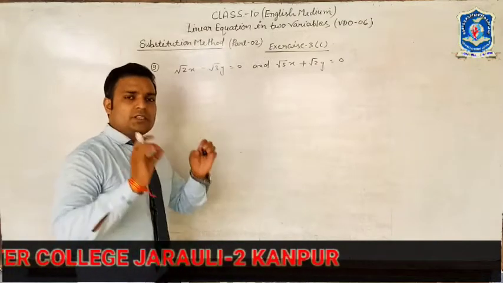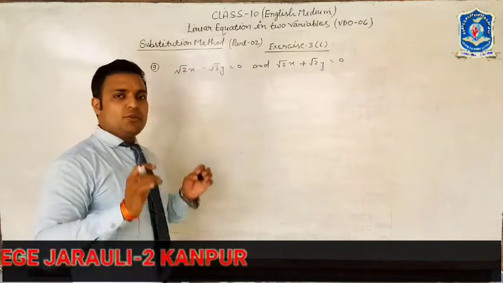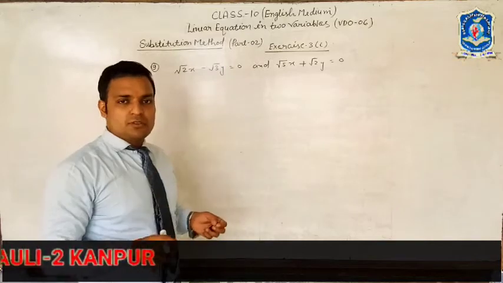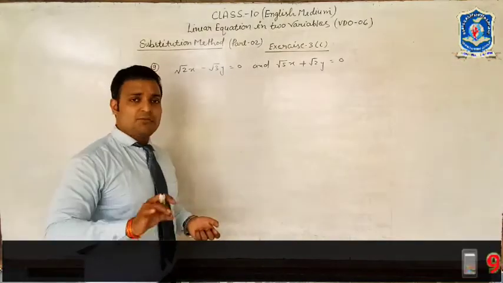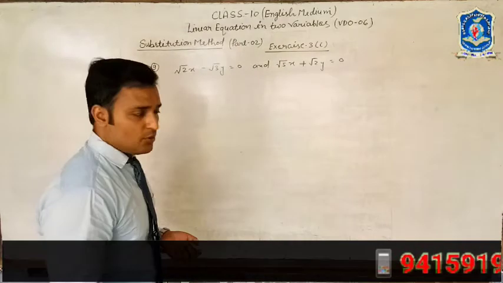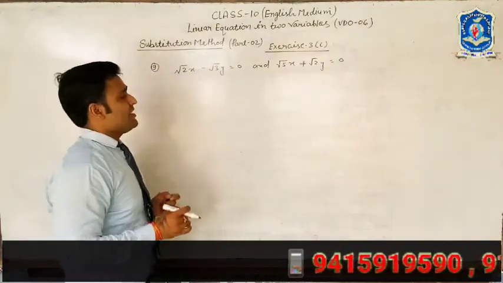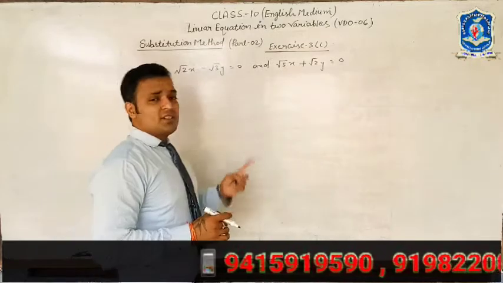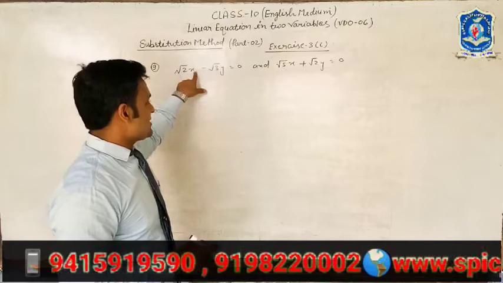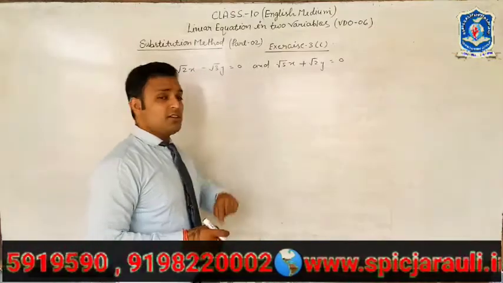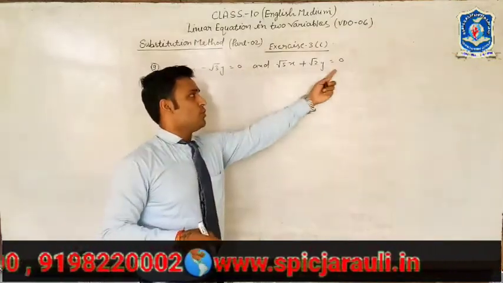Okay, there is no problem in root form. If you have studied square root, you can understand it very easily. The first thing in this question is that our constant term is 0. There is a variable x term, a variable y term, but the constant term is 0.